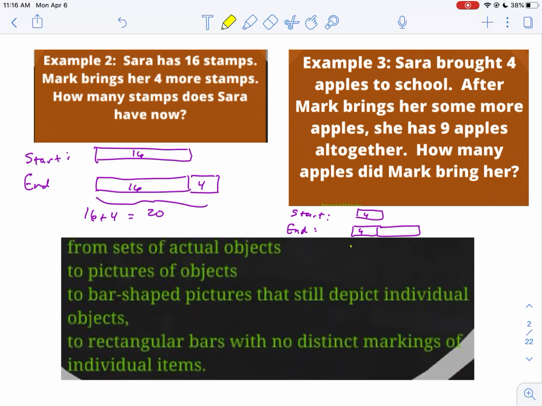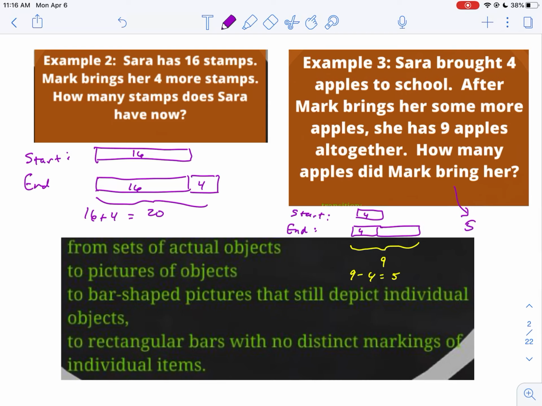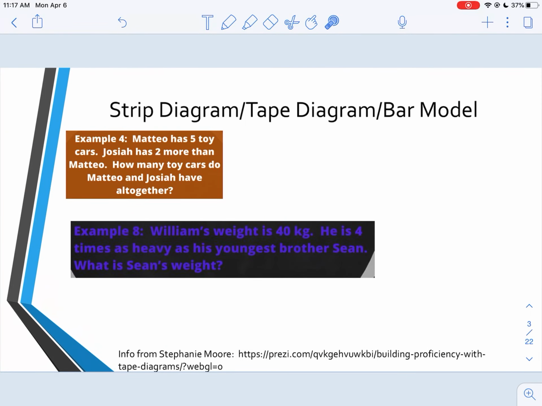So at the end here, she's got 9. And so we can see, hey, if I take 9 minus 4 is 5, that tells me Mark must have brought her 5 apples. And you could see this is maybe a little bit more useful, or it really allows students to think forwards instead of backwards right at first. So I think that's helpful.